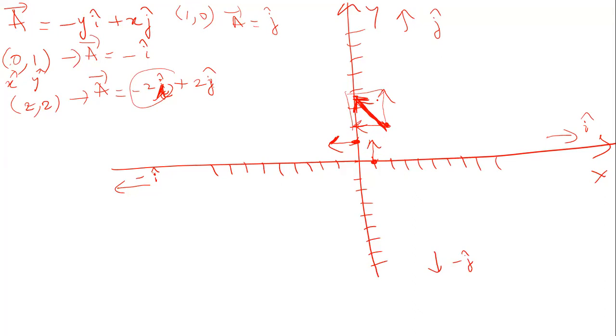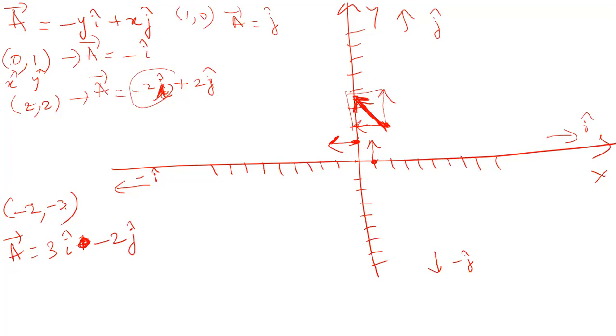And similarly, if you consider another point, (-2, -3). Here, your A vector will now become: y is minus 3, and minus and minus is plus, so plus 3i, plus x is minus 2, so minus of 2j.